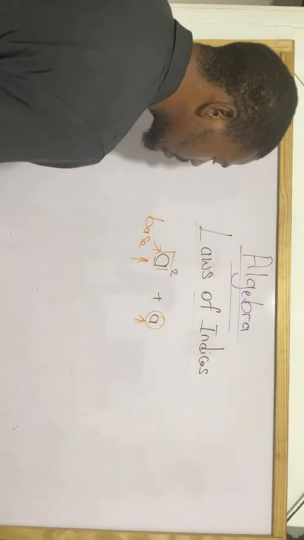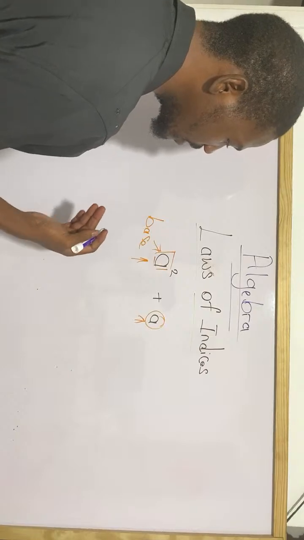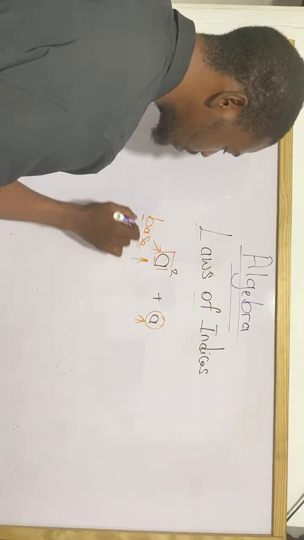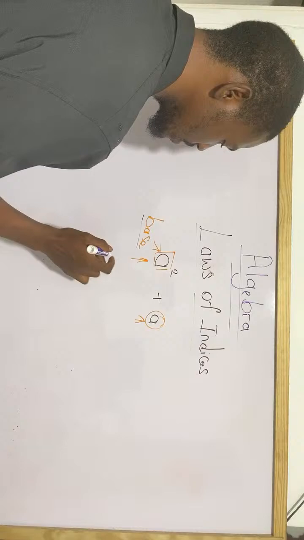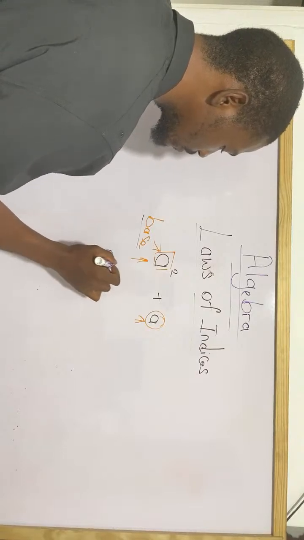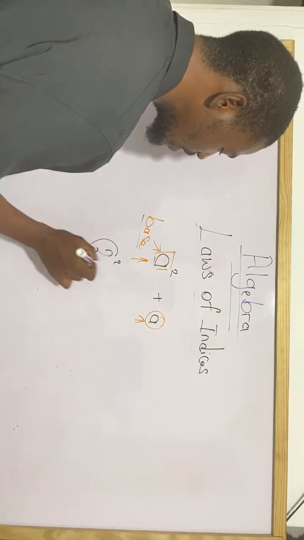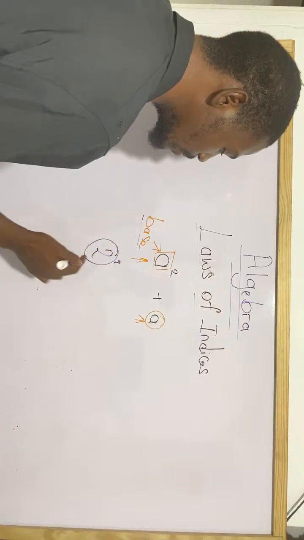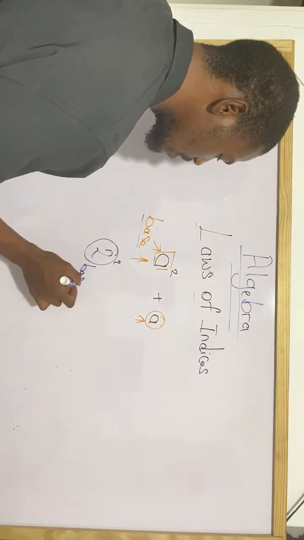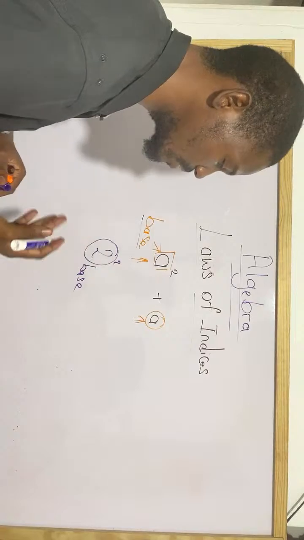In understanding that, I just want to further explain the difference between variables and base. If I have 2 squared, this 2 right here is not a variable, but it is the base. Just think about base as the bottom number.